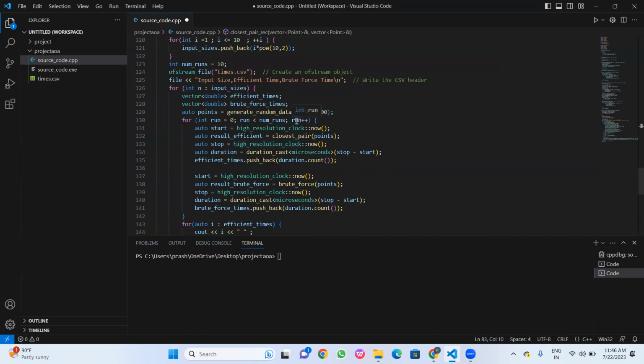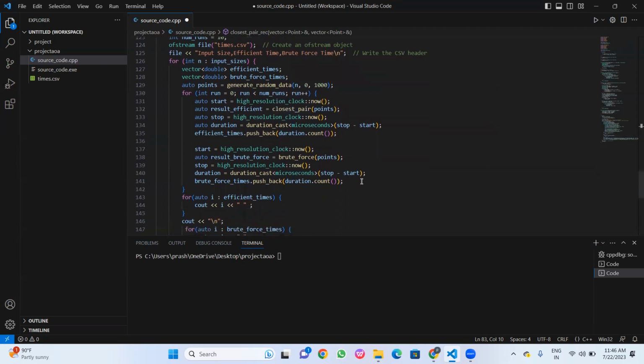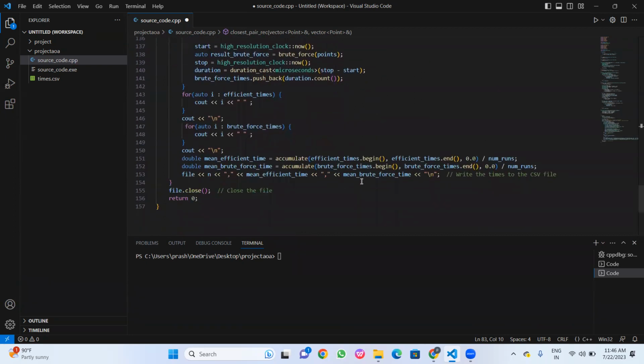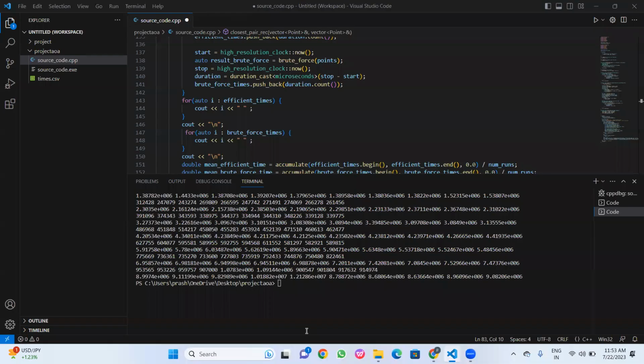We are doing it in parallel for both algorithms. Here it is for the closest pair, and here it is for the brute force. The outputs are placed in the list map. Then the CSV file is taken and uploaded in the Python code. I will explain in a minute. The output generated is converted into a CSV file and placed over this location.